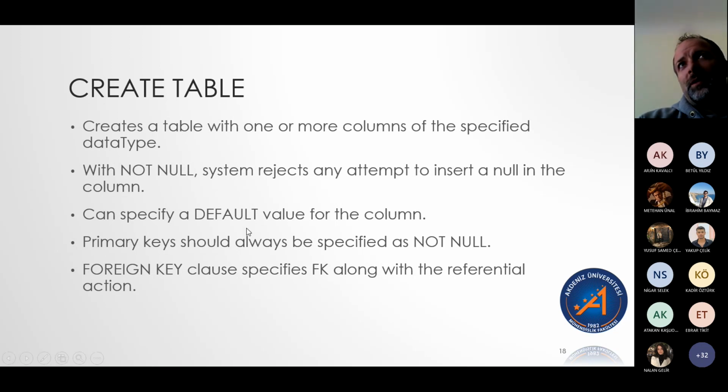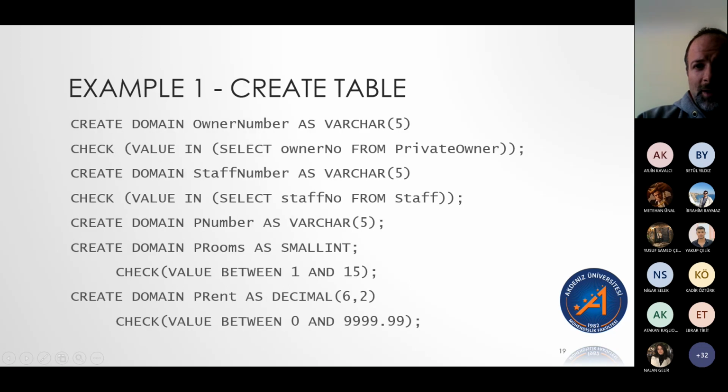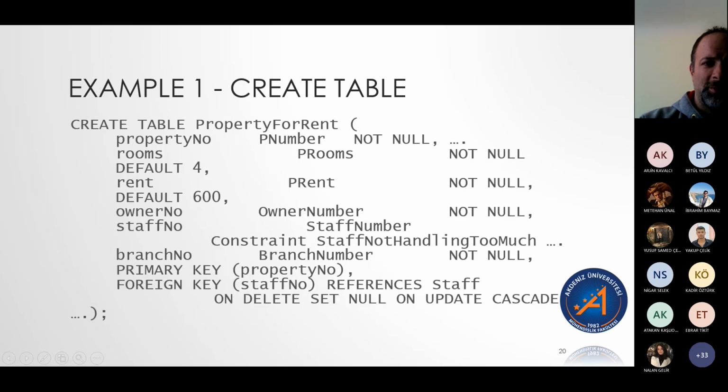Primary keys, we'll have to specify them as not null to make sure that we know those are not nullable. And towards the end, we'll specify a foreign key clause. These are domains. Again, MySQL doesn't allow for that, but we can have check constraints in a MySQL database table.